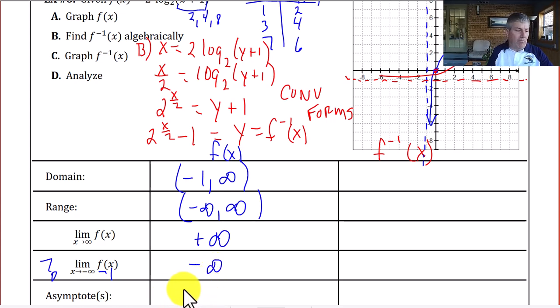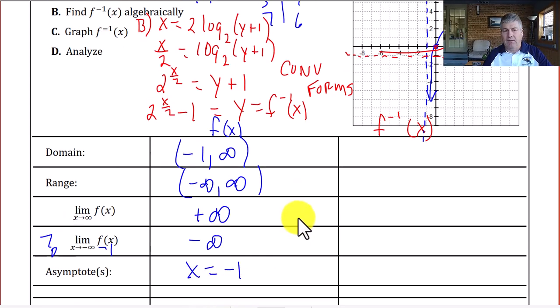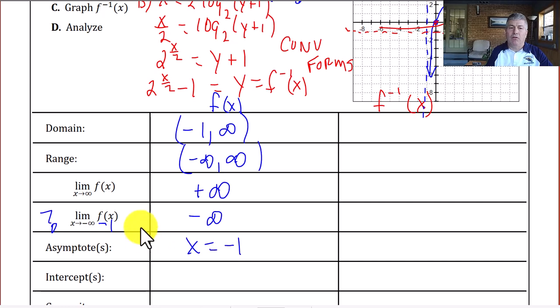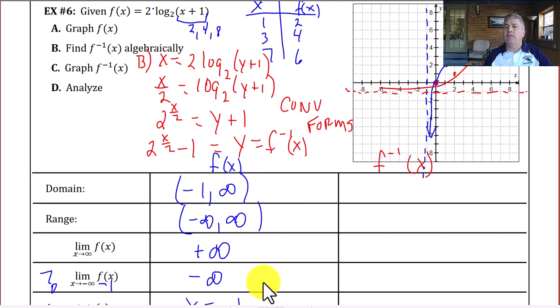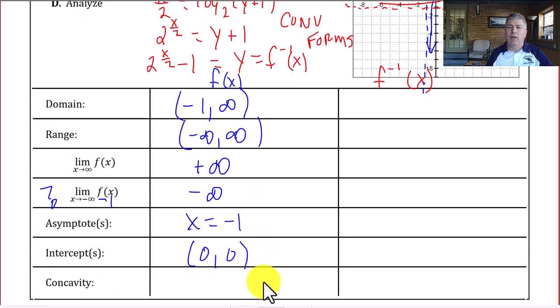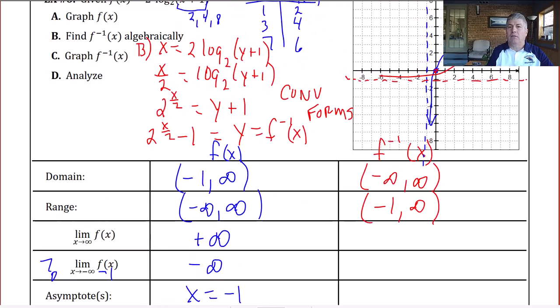We do have a vertical asymptote at x equals -1. That's why the limit can only go to negative infinity. We do have our intercepts at the origin at 0, 0. And our concavity, that is a graph that is concave down, that is increasing at a decreasing rate.